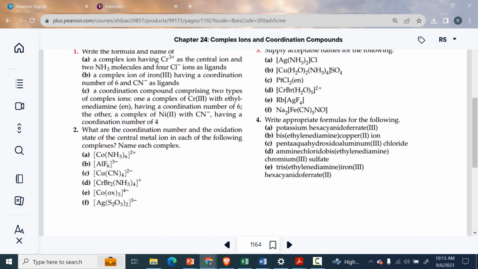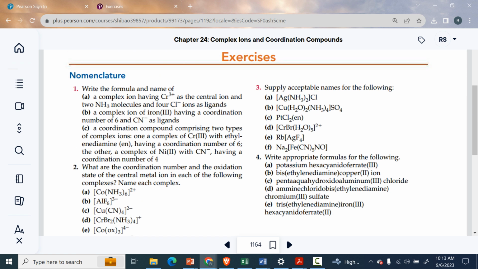We'll do these ones here. Oh, we already did these. We need to go from the formula to the name. Is that correct? Yes. All right. So we could do number 2 or number 3. Which one do you want to do? All right, let's do 3.